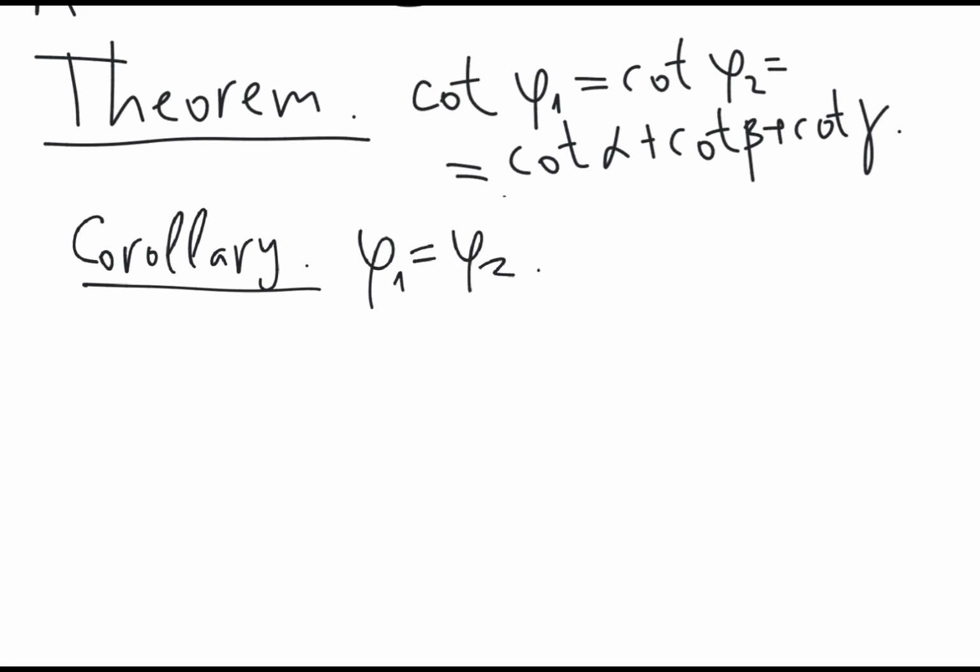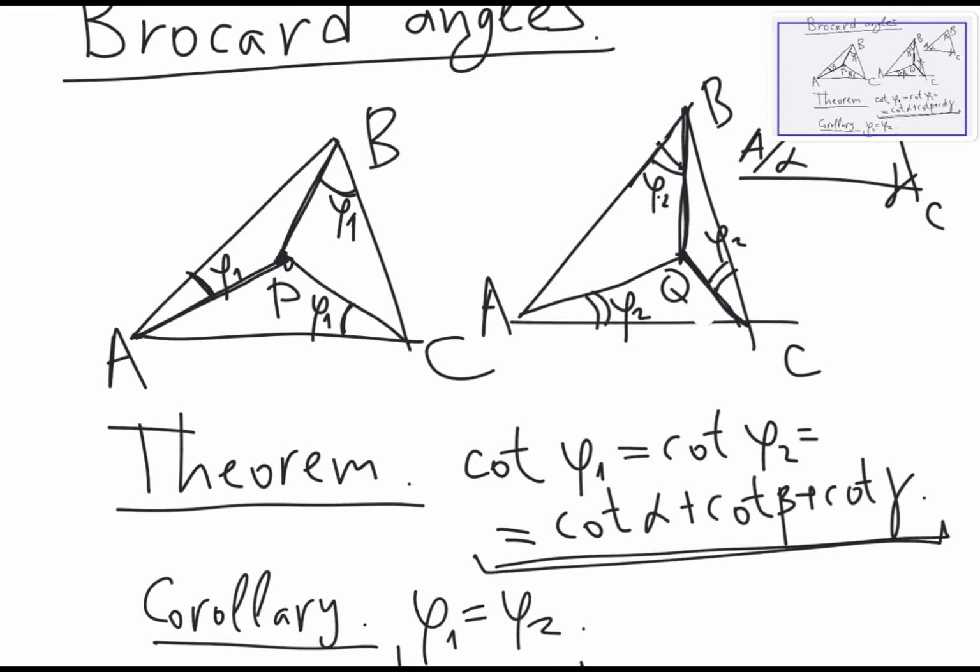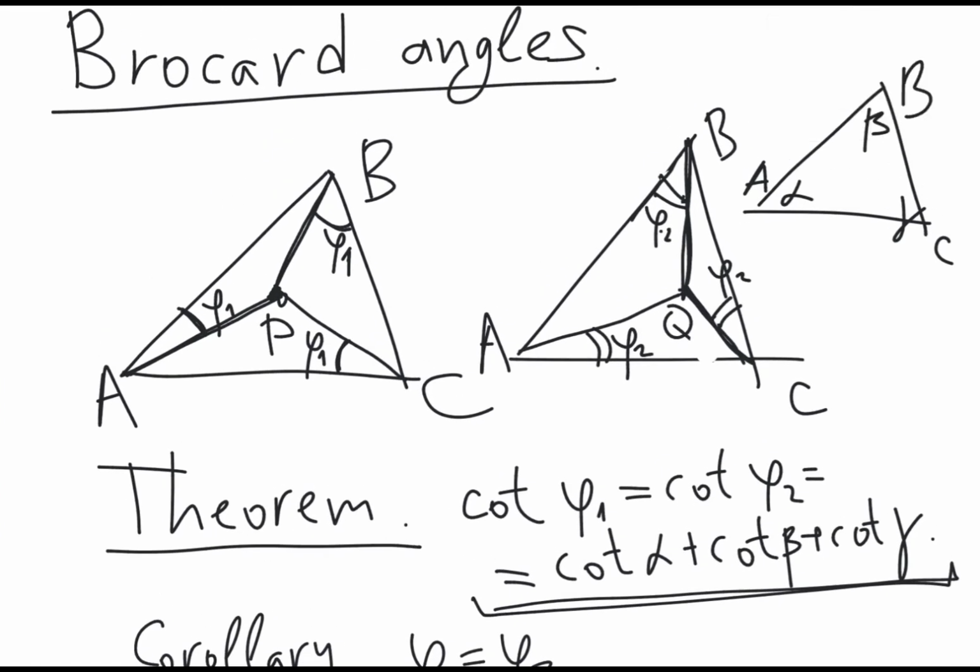Because we explicitly calculate both the cotangent of phi1 and phi2, and it turns out that both of them are equal to this expression, from this it follows that phi1 is equal to phi2. When I was preparing for this video, I found on the internet some claims that it's possible to prove directly the equality of these two angles with some easy argument, but they didn't give the argument, and I don't see any easy argument that would prove this.